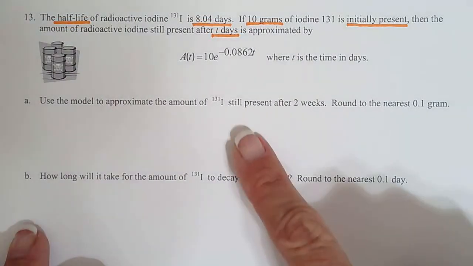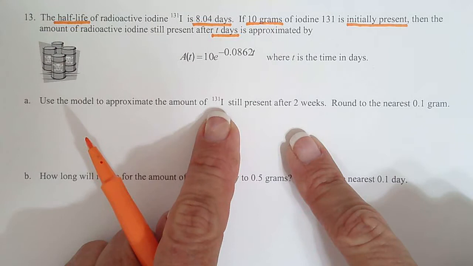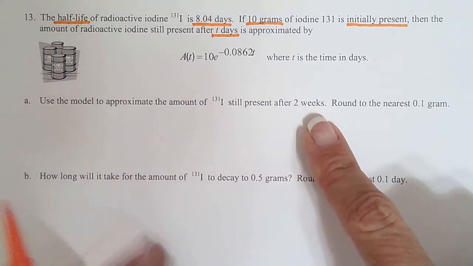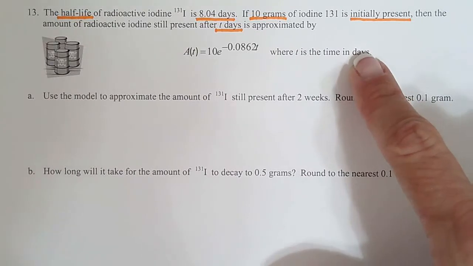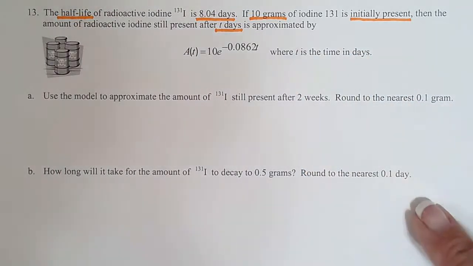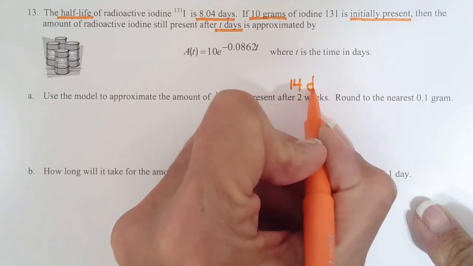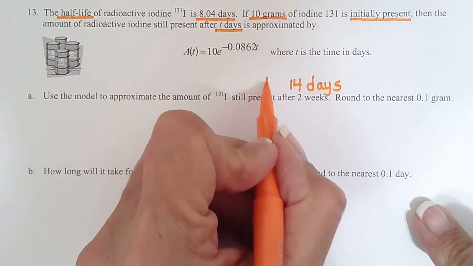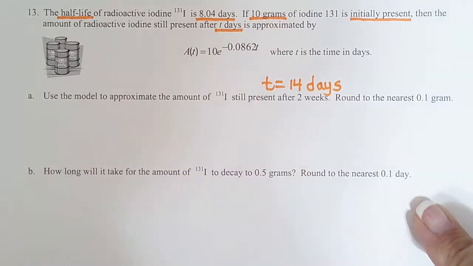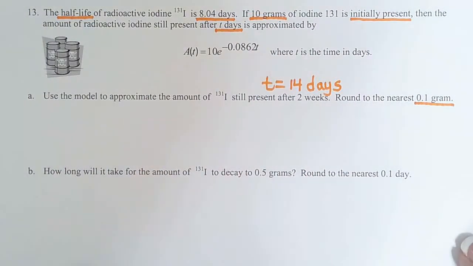So use the model to approximate the amount of iodine 131 still present after 2 weeks. So notice the discrepancy, days, weeks. So we need to change that to 14 days. So T equals 14 days. Round to the nearest 0.1 grams.